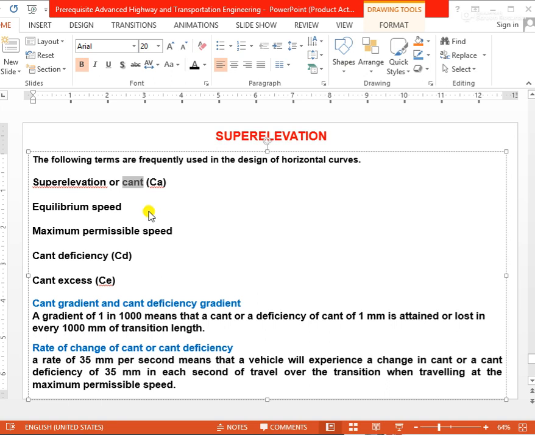So if speed is a scalar quantity, direction is not involved.